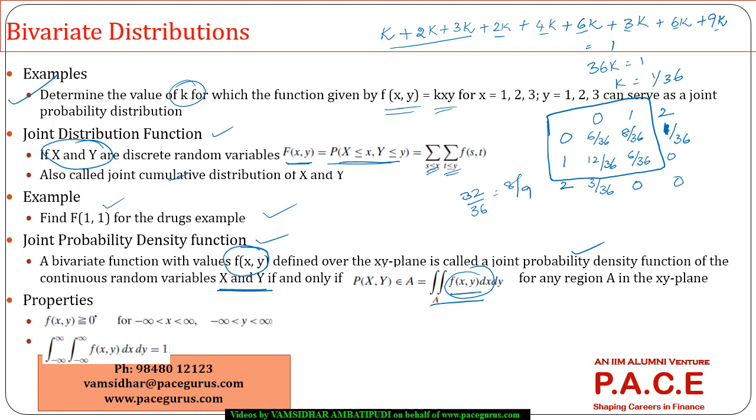And as the properties are very much similar, the individual probabilities should be greater than or equal to 0. So for any value of x, any value of y, the f of xy should be greater than or equal to 0. And when I am trying to integrate this density function over x and y both across minus infinity to plus infinity, the overall integral should be equal to 1 itself.